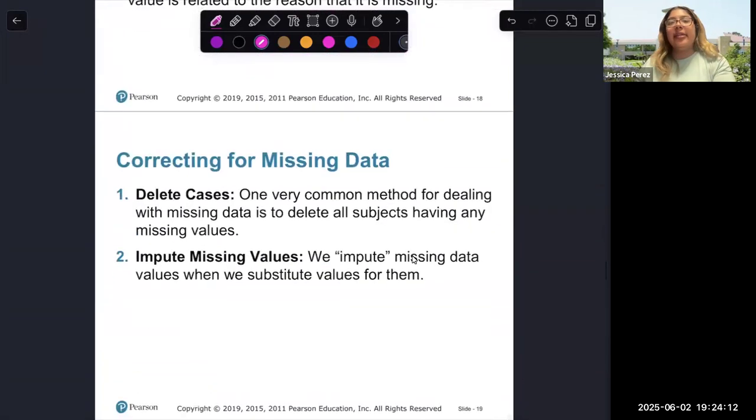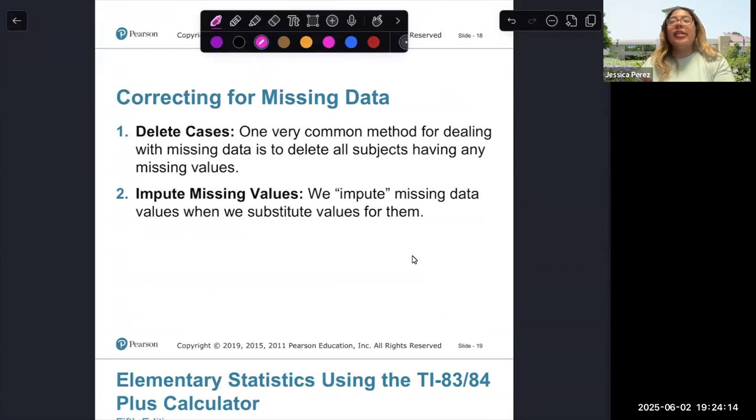How do we correct this for missing data? We can delete the cases. One very common method for dealing with missing data is actually to delete any missing values or impute missing values. We impute missing data when we substitute values for them. So there's two ways of correcting: you either delete the case or you impute missing values.